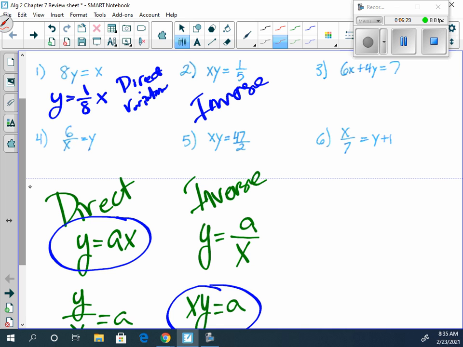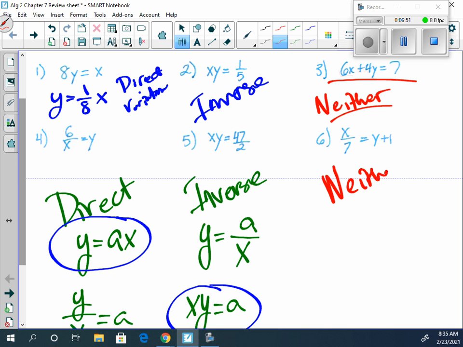Now, the easiest one out of the group is, well, number 3. Because we have addition in here, this is neither. If we have addition, subtraction, anything that's not really multiplication or division, it's not going to be inverse or direct variation. It's not going to be either one of those two. So number 6 is going to be the same thing.